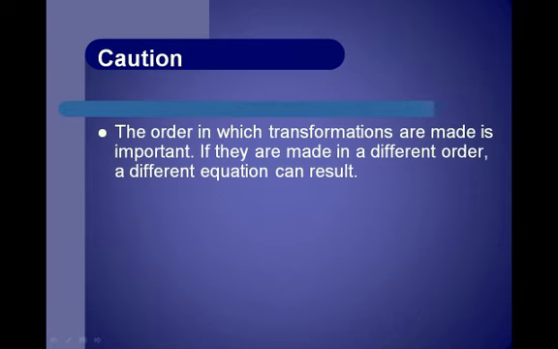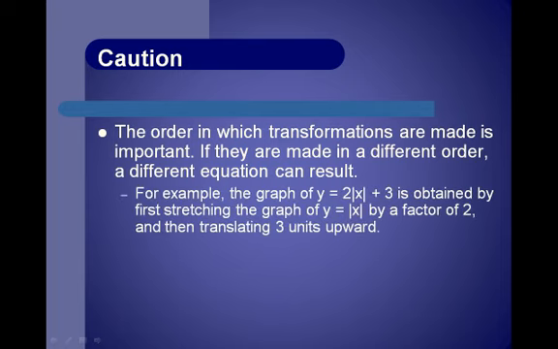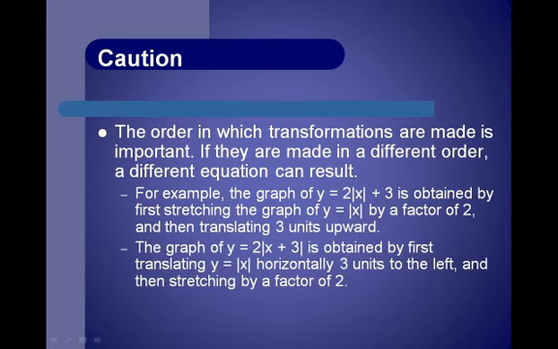Now, as a caution, the order in which transformations are made is important. If they are made in a different order, a different equation can result. For example, the graph of y equals 2 times the absolute value of x plus 3 is obtained by first stretching the graph of absolute value of x by a factor of 2 and then translating up 3 units.